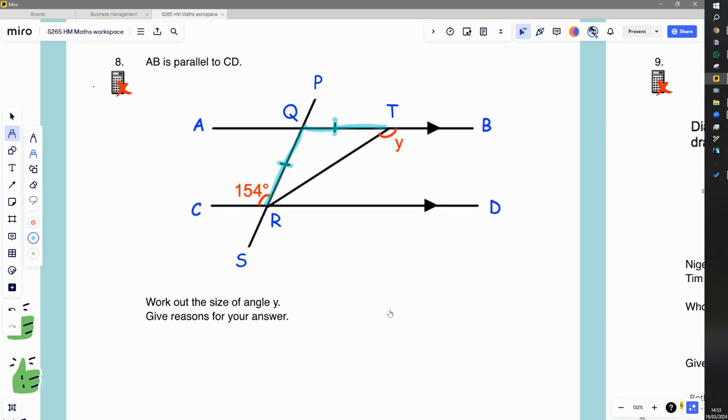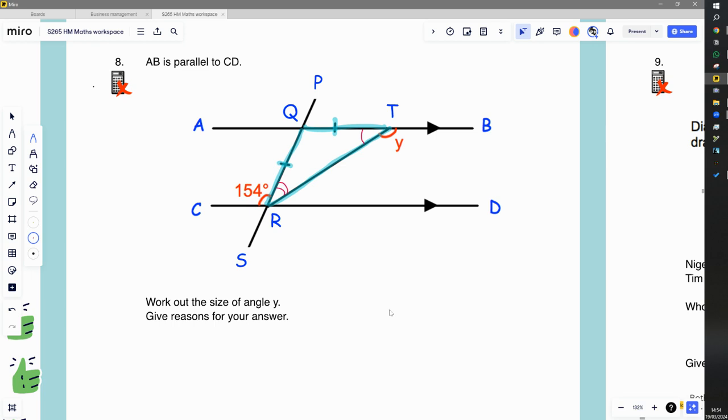Now, if they are equal in length, then this triangle, which I can finish highlighting now, is an isosceles triangle, because isosceles triangles have two lengths that are the same, and in which case this angle here and this angle here are equal as well.